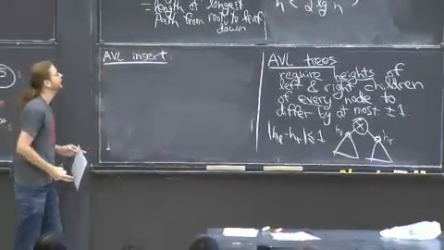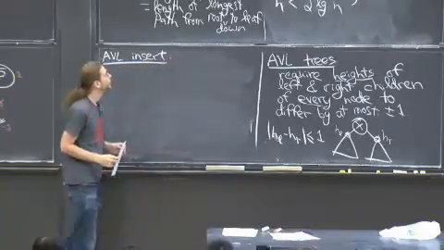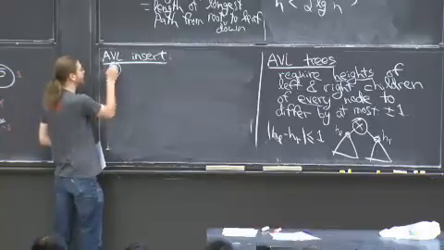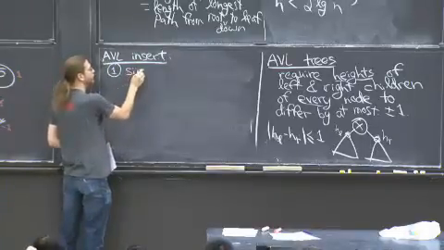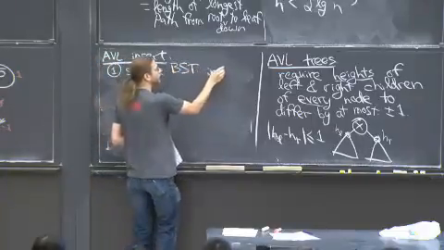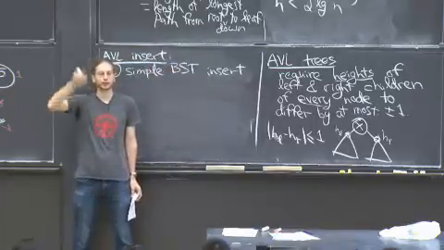Let's start with insert. Well, it's pretty straightforward. Our algorithm is as follows. We do the simple BST insertion, which we already saw, which is you walk down the tree to find where that key fits. You search for that key.